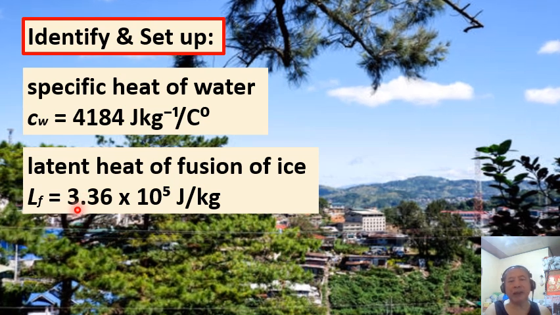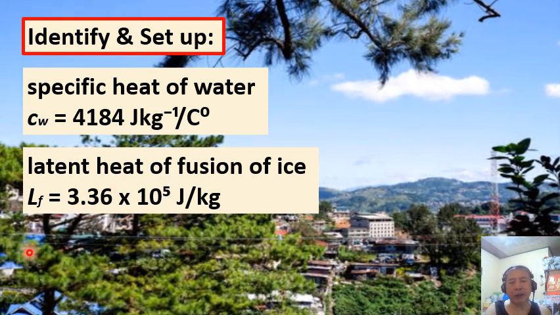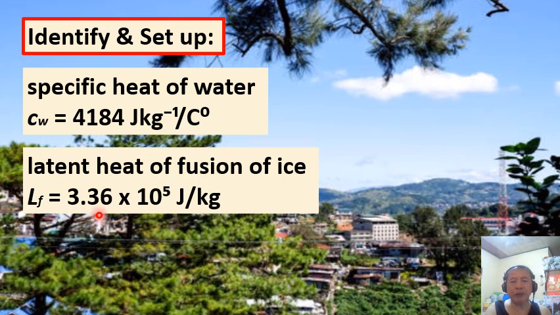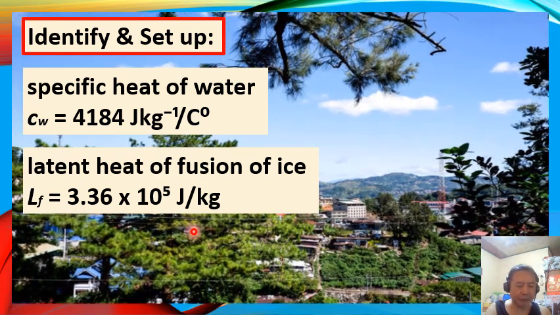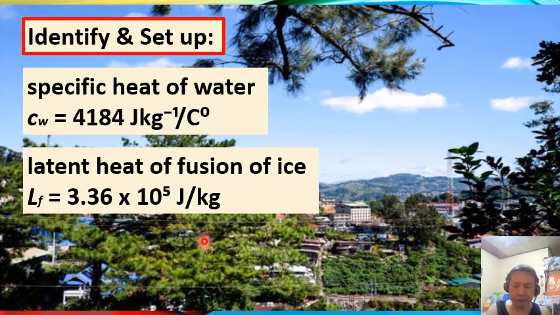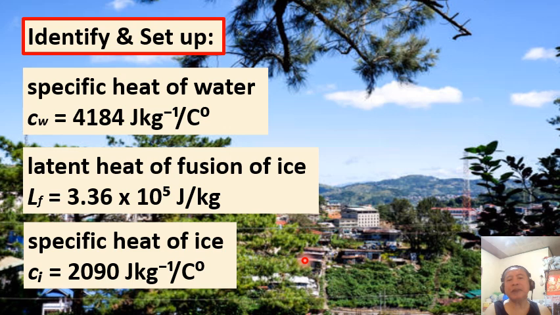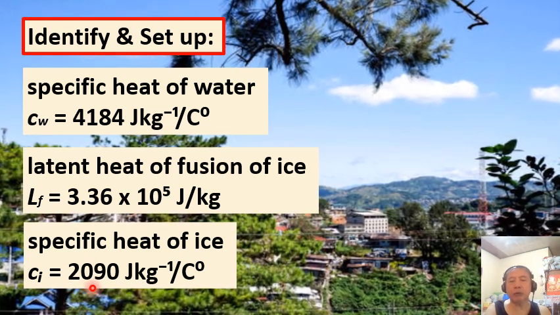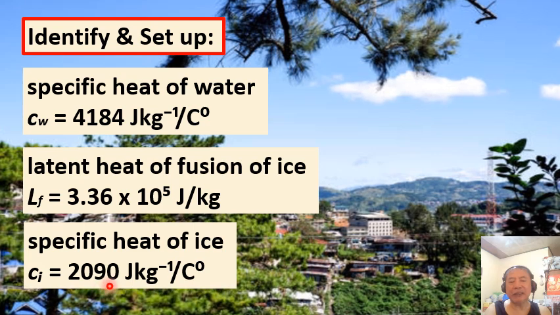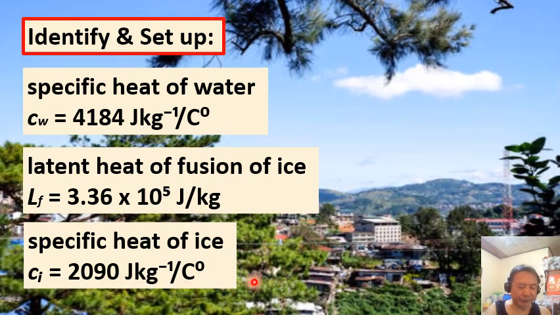Also, we have the latent heat of fusion of ice, denoted by capital L sub F equal to 3.36 times 10 to the fifth power joules per kilogram, as well as the specific heat of ice, denoted by c sub I equal to 2090 joules per kilogram per Celsius degree.